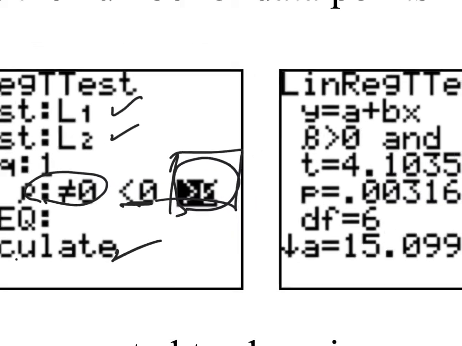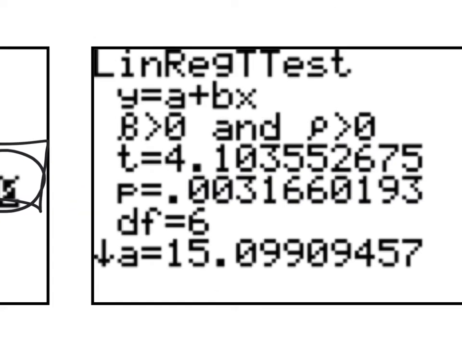Once you calculate it, you'll get another screen. The beauty of this screen is it also gives you the t right here. There it is, there's the t. There's the p-value. Why are the degrees of freedom 6? Because of the years.